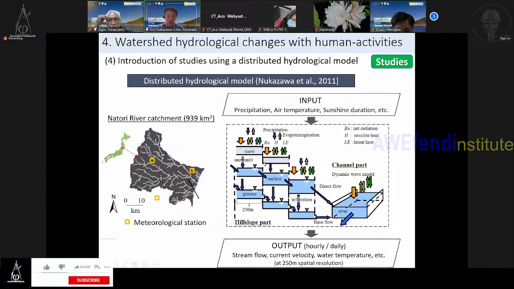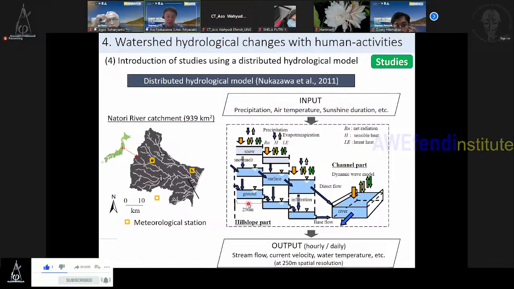In this model, the catchment is separated into smaller compartments, and the spatial resolution here is 250 meters. And in each compartment, the runoff process, the hydrological process, is computed like this.